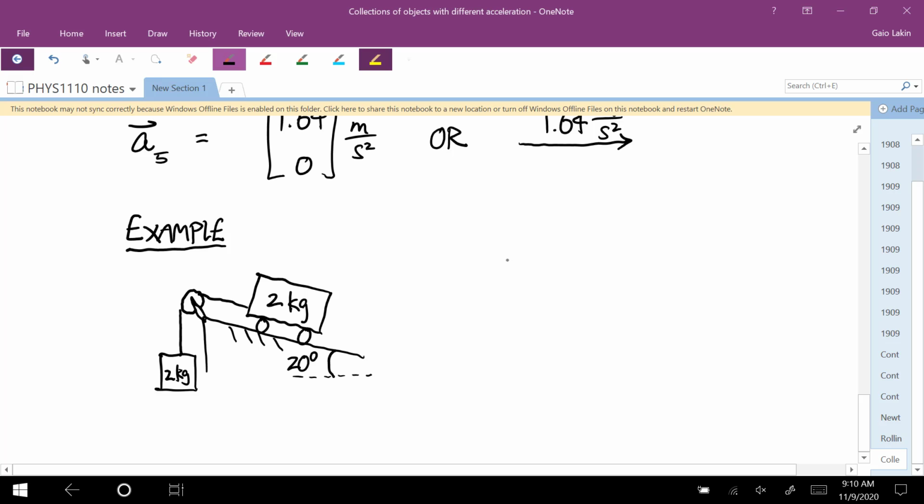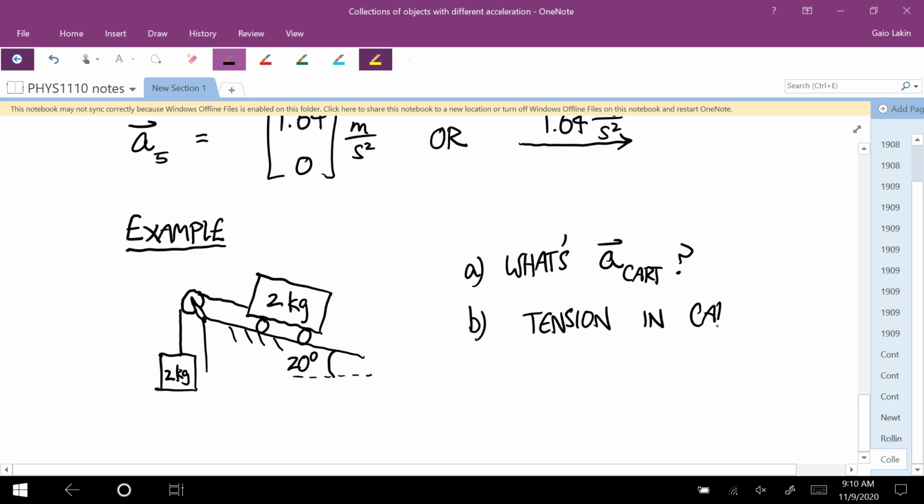And we want to know what's the acceleration vector of the cart and what's the tension in the cable. So that's that T value.